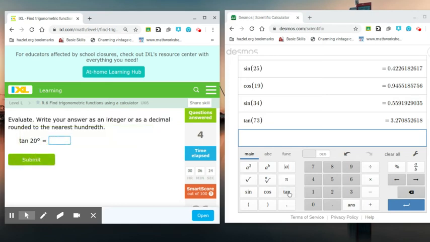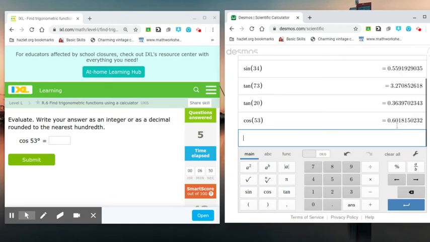Okay, another tan 20. Enter. 0.363. That 3 is less than 5, so the 6 stays, so you don't have to round. It's just 0.36. Okay, another one is cosine 53. 0.601.